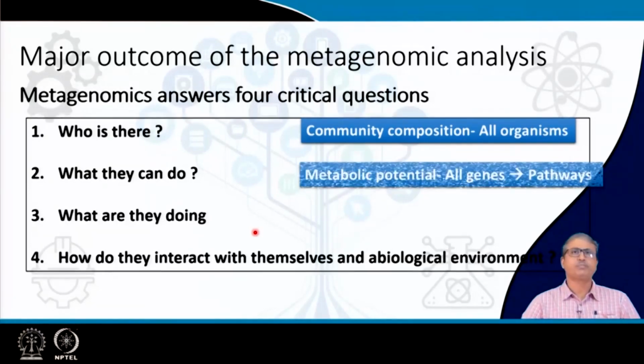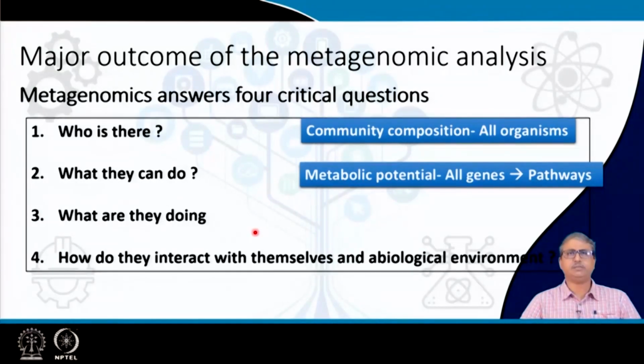What can they do? If you remember, earlier when we were answering this same question with NGS based methods or other methods, we were targeting specific genes. But in this case, since it relies on the total genomic pool, it will give you the metabolic potential through all genes.